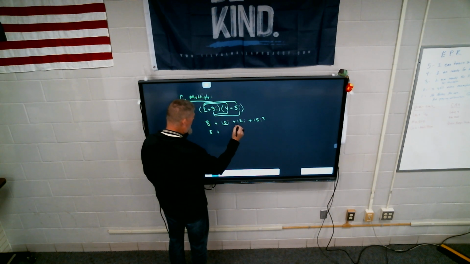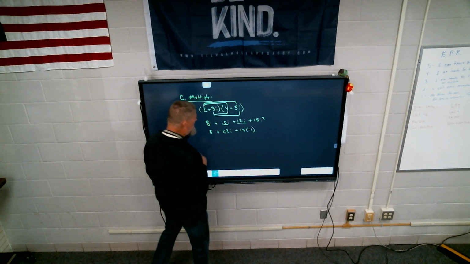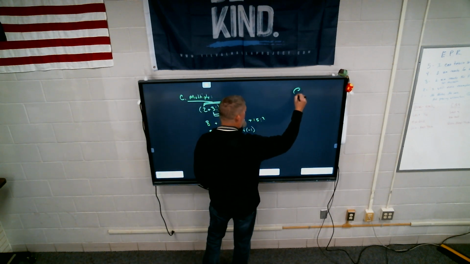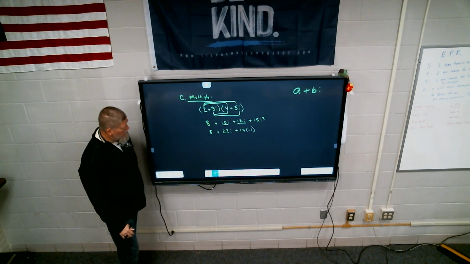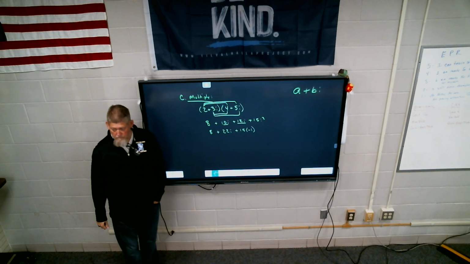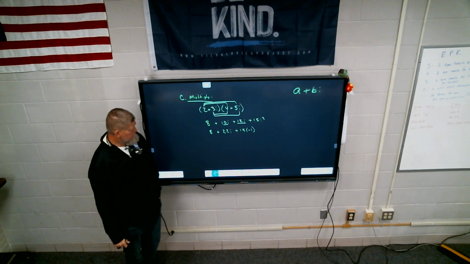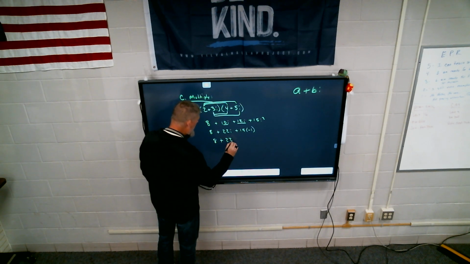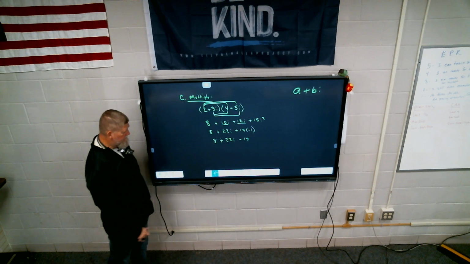So I'm going to end up with 8. I can combine like terms, so 10 and 12 is 22i, plus 15 times the -1. Because remember, our form has to be a plus bi. There's no i squared in that form. So when it's just i and it doesn't have any power, is it just i to the first? Yes. So then here we end up with 8 plus 22i minus 15. 15 times a negative 1 is negative 15.